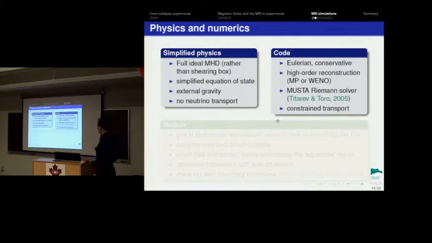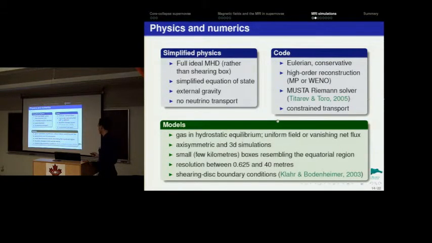These equations were solved using an Eulerian conservative code with high-order reconstruction methods of the monotonicity preserving type, and with approximate Riemann solvers. To keep the divergence of the magnetic field 0, we used constraint transport. So it's relatively standard methods in total. And the models we simulated were small boxes, a few kilometers, covered by a grid with a resolution between 60 centimeters and 40 meters.